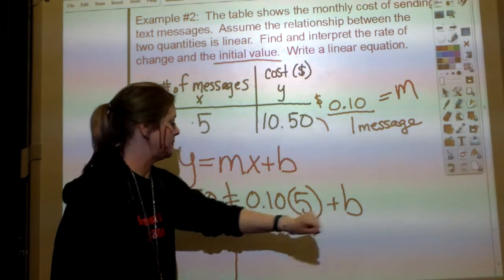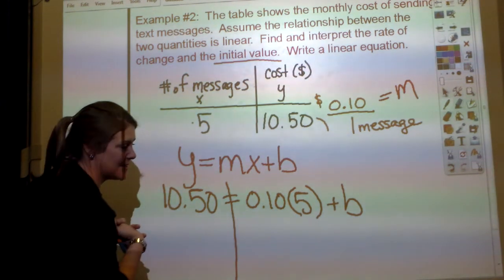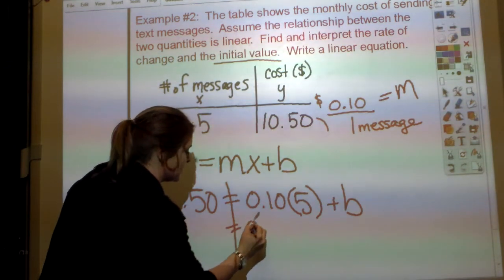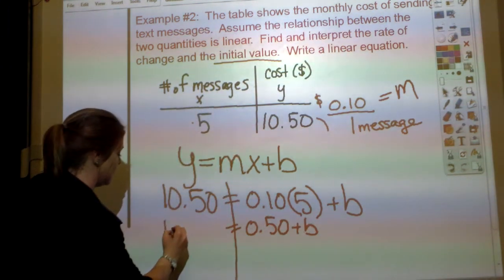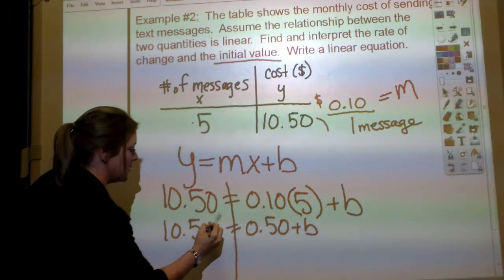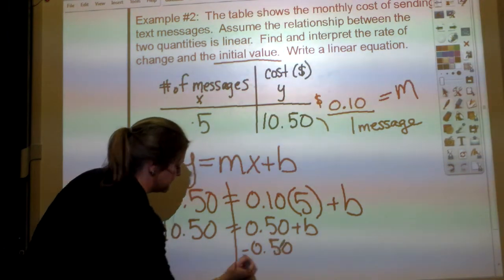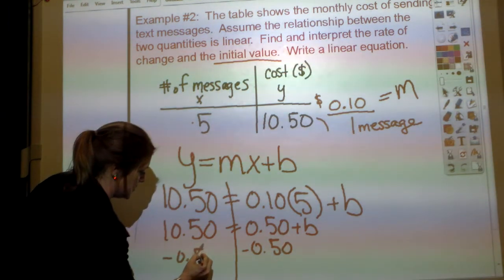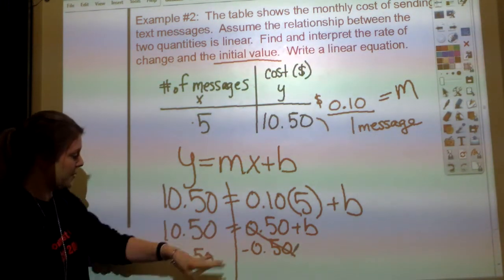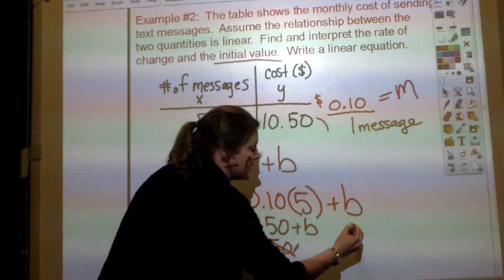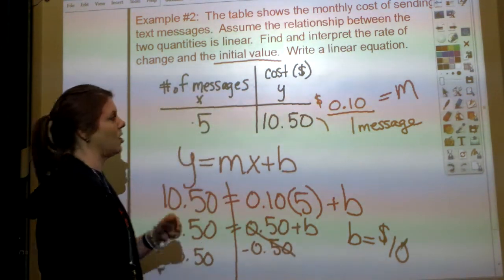Solve for b. 10 cents times 5 is 50 cents. And then we have 10.50 over here. Subtract that 50 cents from both sides. So when we cancel that out, we have b by itself. b is going to be equal to 10. And in this case, that's going to be $10.